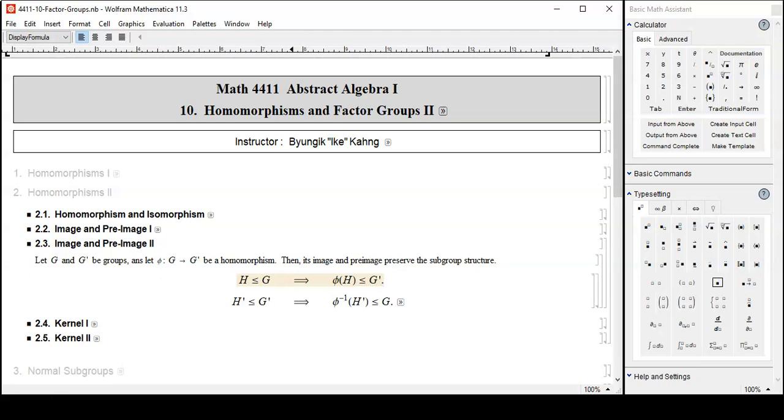But what's most striking is it goes backward as well. If H prime is a subgroup of G prime, then its preimage is also a subgroup of G. So the homomorphism preserves the entire subgroup structure, not only forward, but also backward as well.